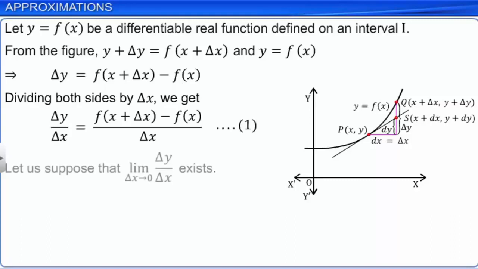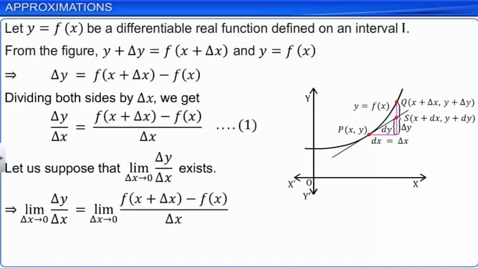Assume that the limit of Δy/Δx exists as Δx tends to 0. So, applying limits on both sides of equation 1, we get the limit of Δy/Δx as Δx tends to 0 is equal to the limit of [f(x + Δx) − f(x)]/Δx as Δx tends to 0, using first principles.